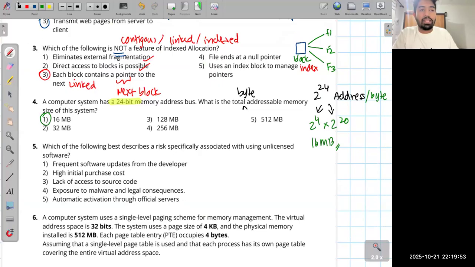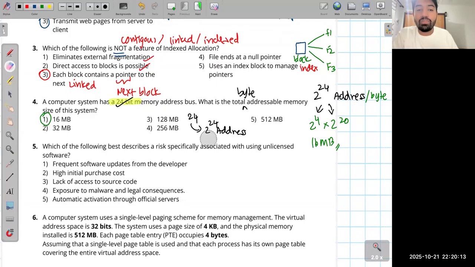Let's see. Okay, they have given how many bits? 24 bits. Using 24 bits, you can generate 2 to the power 24 addresses. One bit gives two addresses. Two bits give 4 addresses. 3 bits give 8 addresses. 4 bits give 16 addresses.